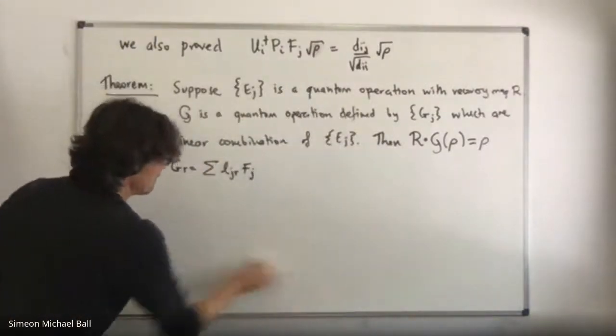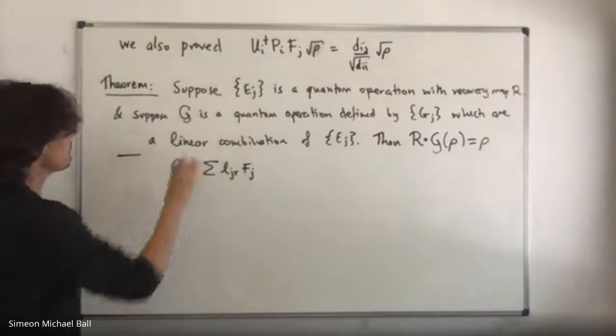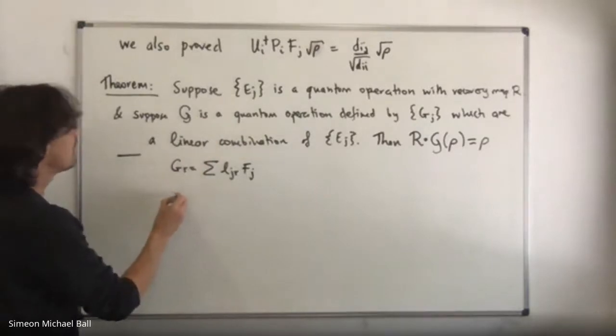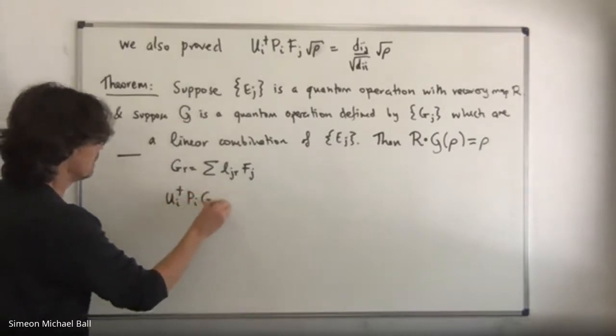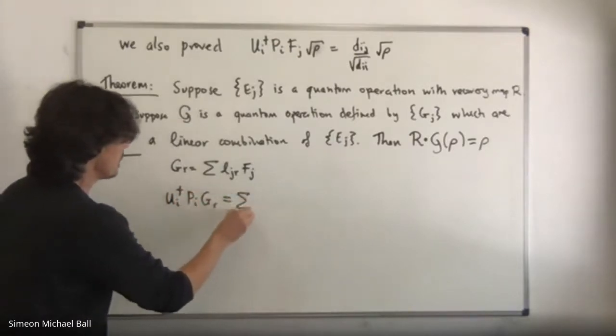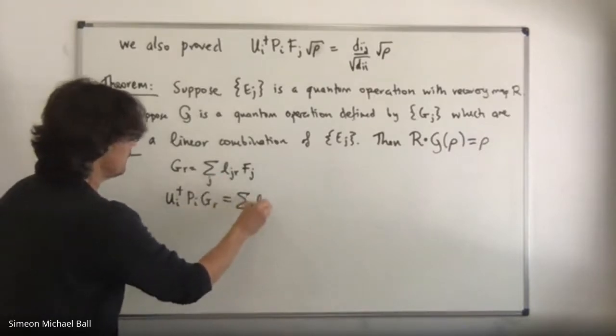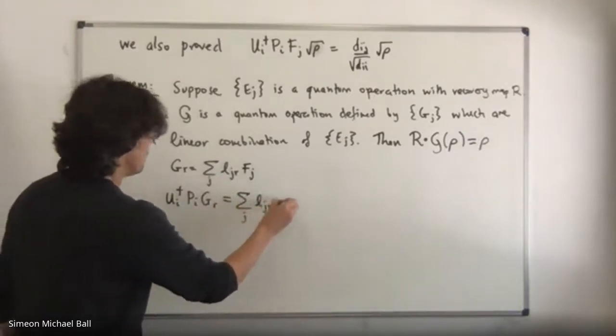So now we just do the same thing, but we're going to check what is U_I dagger P_I G_R. Well, that's the sum over J of L_JR.